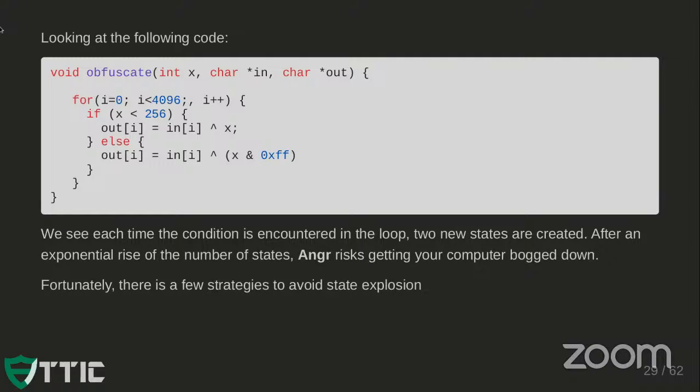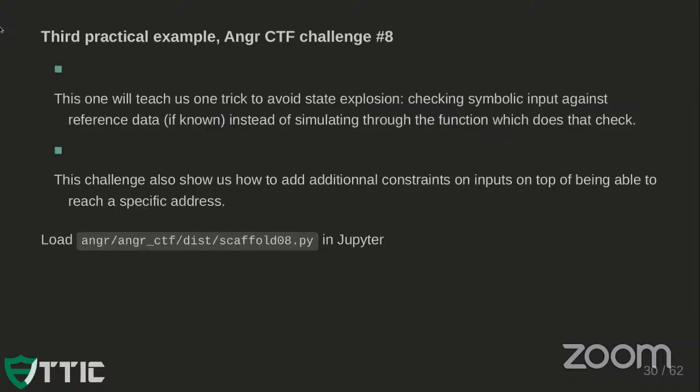So fortunately, there are ways to avoid getting bogged down by state explosion. We call that state explosion. So that leads us to a second Angr CTF challenge, which teaches us how to deal with this.